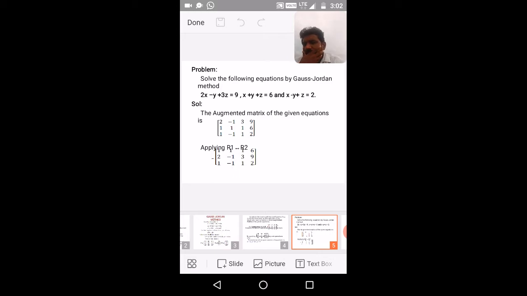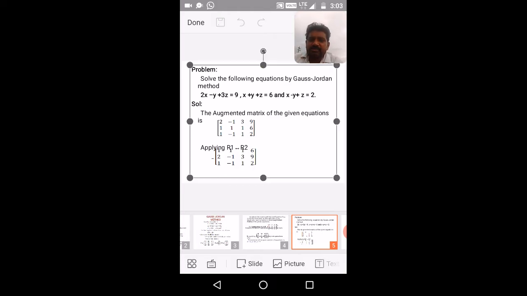Now by applying suitable or appropriate row operations, only row operations are used here, no column operations should be allowed here.